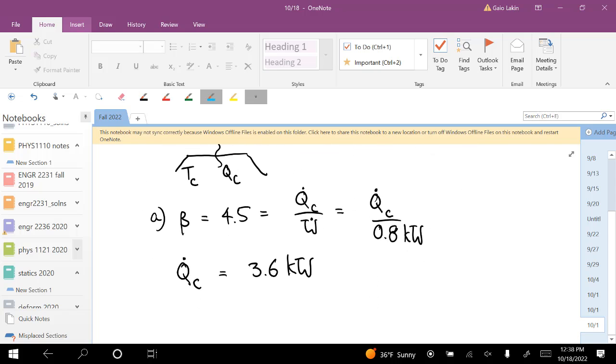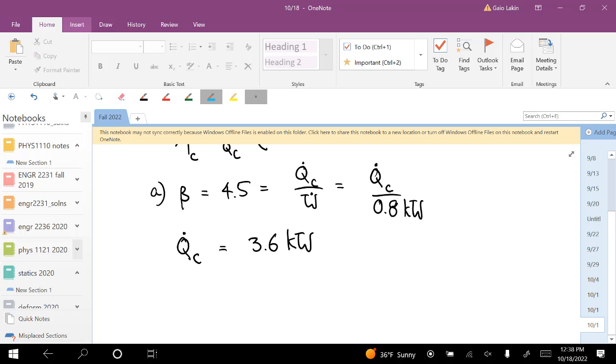We're trying to find QH dot, but now we can use the first law. I was about to say, why didn't I just replace the QC term in there with QH minus W, right? Right. Okay. Yep. So QH is equal to 3.6 plus 0.8, so 4.4 kilowatts.